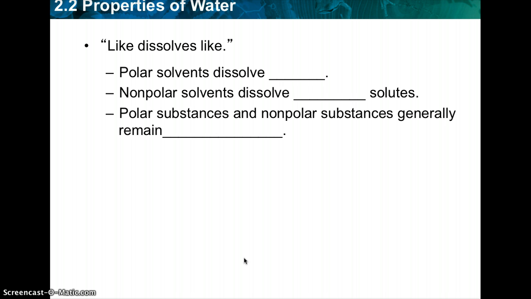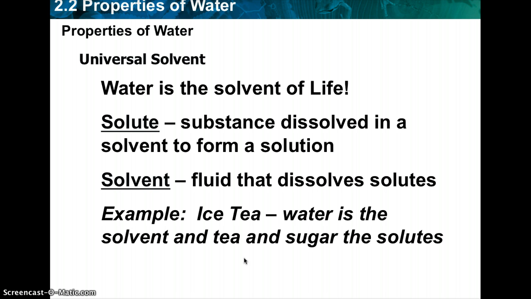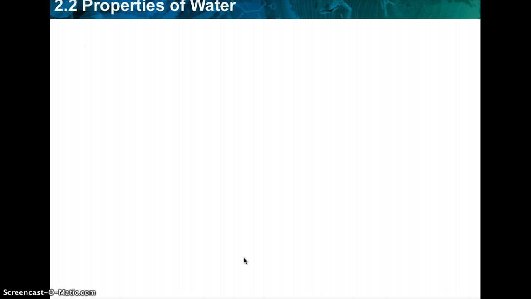I just want to let you guys know that an aqueous solution is basically a solution in which the solvent is water. So when we talk about an aqueous solution, it's when the solvent is water.